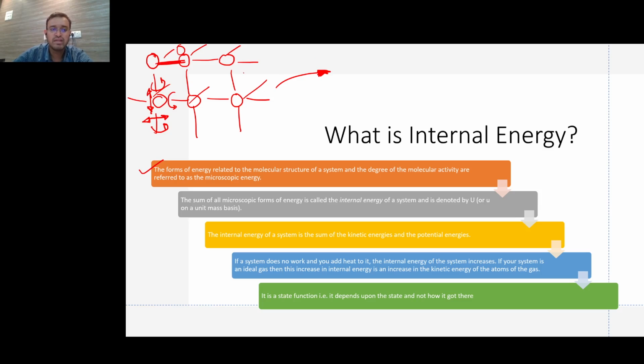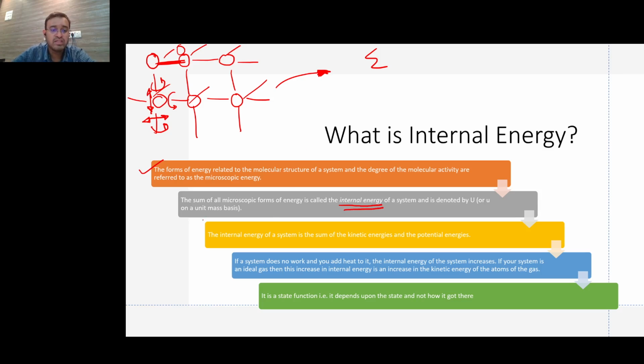So you will find that each of these motions will carry some finite amount of energy, and the summation of all of these finite amounts of energy, the kinetic energy, the potential energy, the bond energy, the energy within the electron fields, and so forth, is called internal energy.